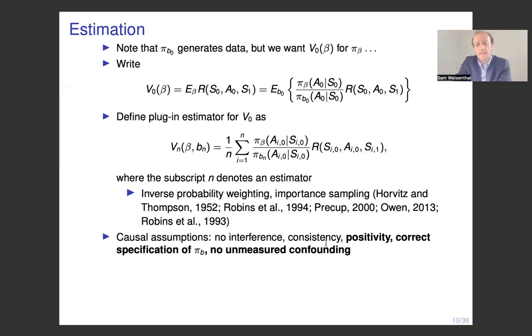One also needs the correct specification of the behavioral policy. Note that the behavioral policy here is dividing this expectation, so one needs that this behavioral policy is correctly specified. If it's not, this division essentially won't occur correctly.